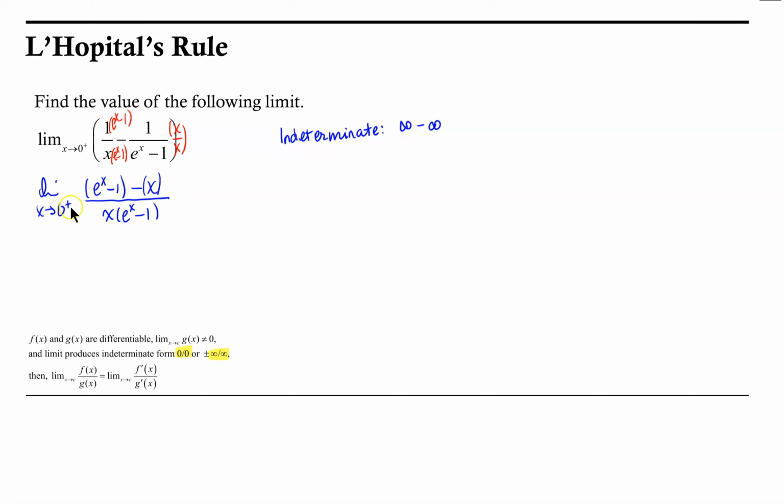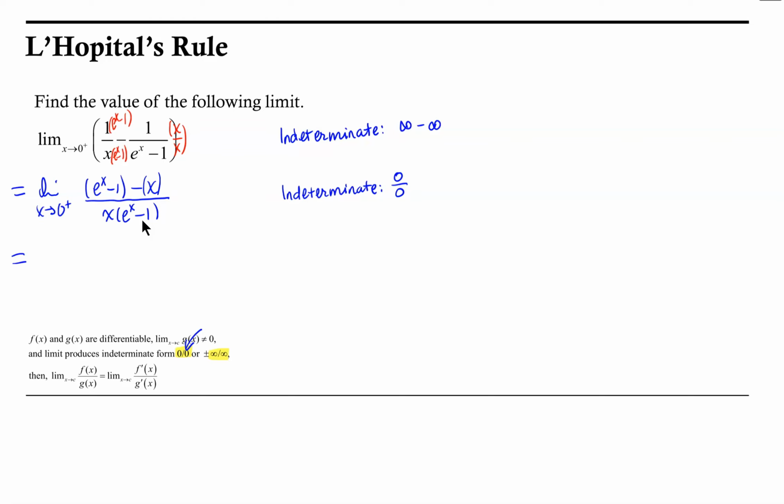As x approaches 0 from above in our denominator, in place of this x, it would approach 0. Also, this e to the x minus 1 would approach 0. So we now have an indeterminate form, but the indeterminate form in this case is now 0 over 0. And we are now in an instance where we could apply L'Hopital's rule.